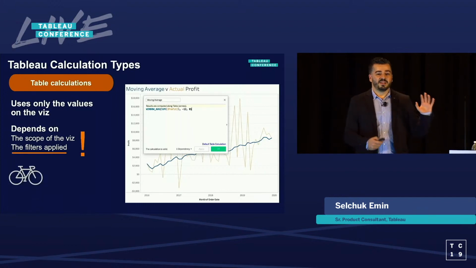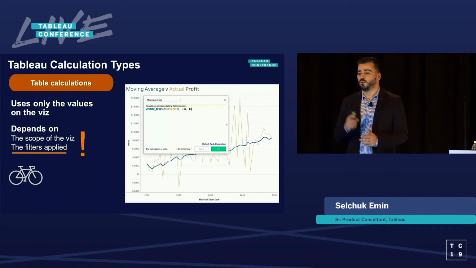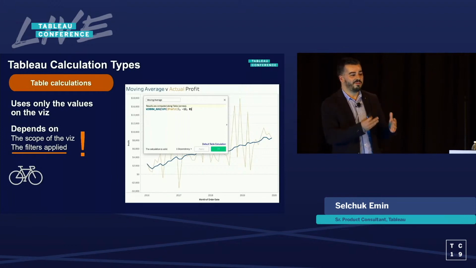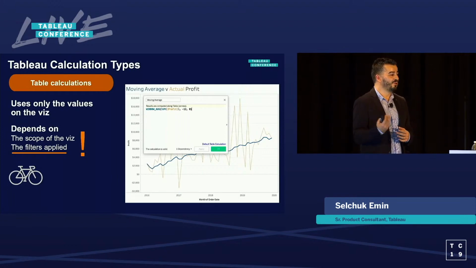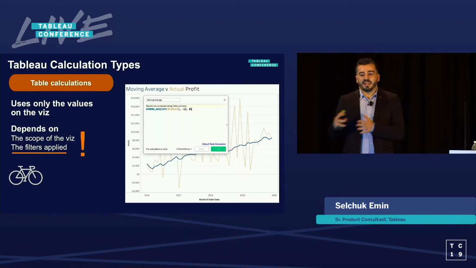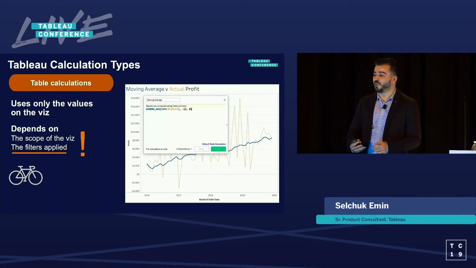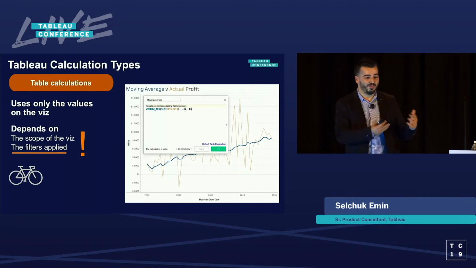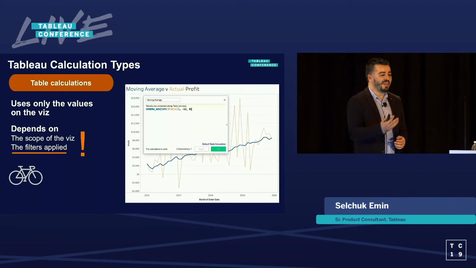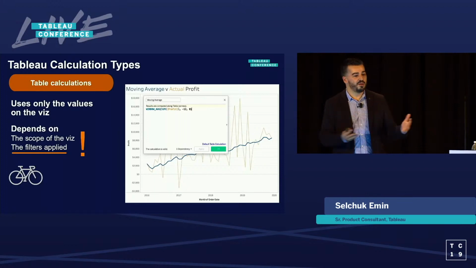And because of that, filters that are applied on the view will be very important, because any filter will change the values that you see on the screen. And that's why probably they are a little bit like cycling. They are very flexible, but you need to use your own power, so the power of Tableau. And you may not go maybe everywhere in the city, because they will not be able to have the power to get you there.